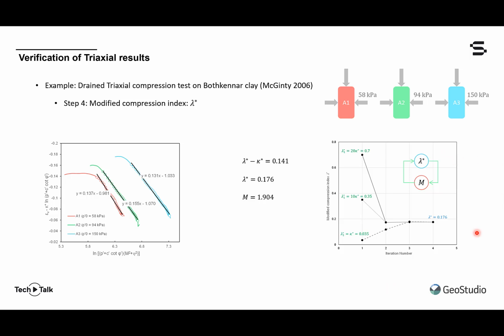It's worth noting that what we've shown here is that our first guesses for lambda star could range from kappa star to say 20 times kappa star, and that is what these three lines actually are. But you can see here that even with this large disparity between the initial guesses, it still only takes 3 iterations before the values converge.